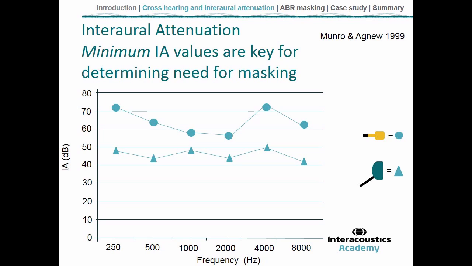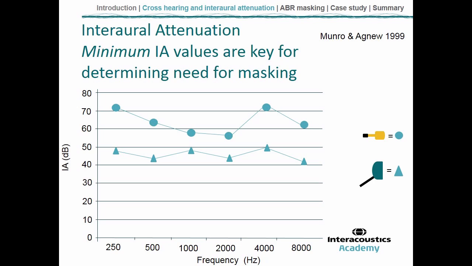There was some variation across frequency, but broadly speaking, the minimum interaural attenuation values for the supraaural headphones were somewhere in the range of mid-40 dBs, maybe around 45 dB, whereas with the insert headphone, with a smaller surface area in contact with the head, the interaural attenuation was somewhat higher.